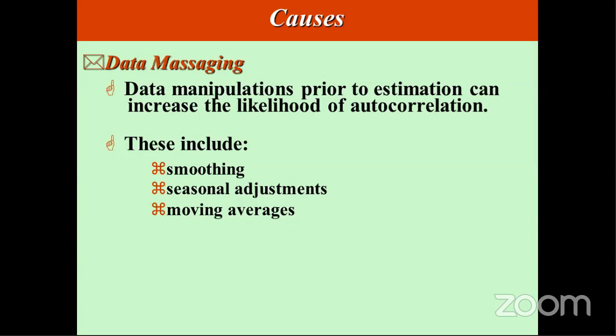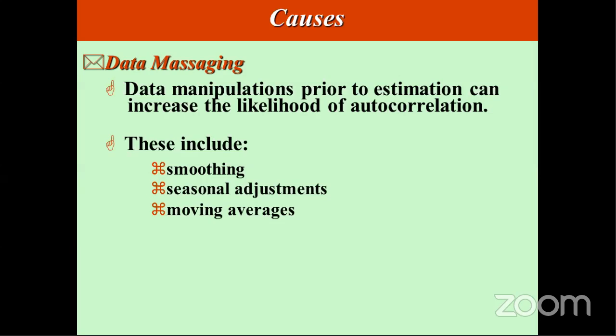And the fourth, last but not least, is data manipulation. Because of the data manipulation which needs to be used in econometric estimations, the likelihood of autocorrelation can increase. Data manipulation includes smoothing, seasonal adjustment, moving averages.